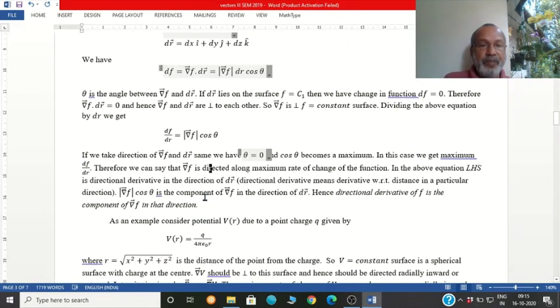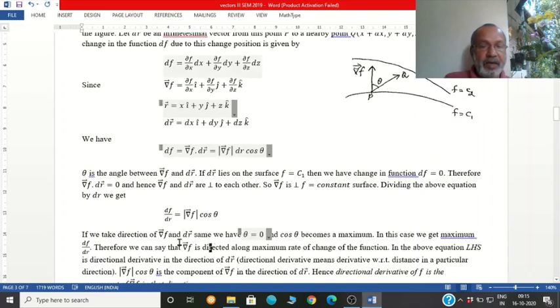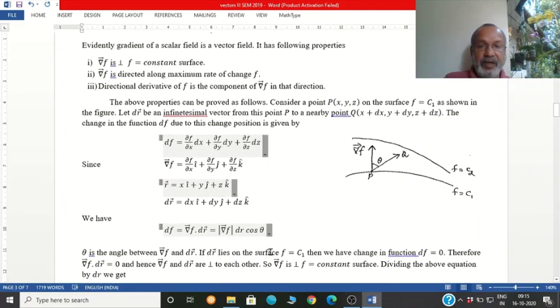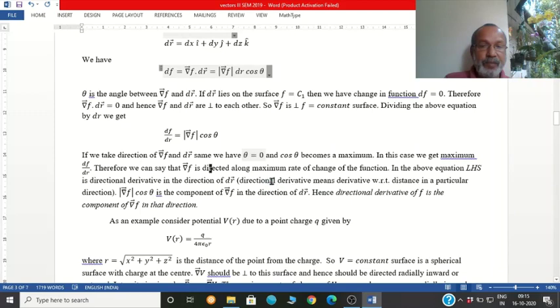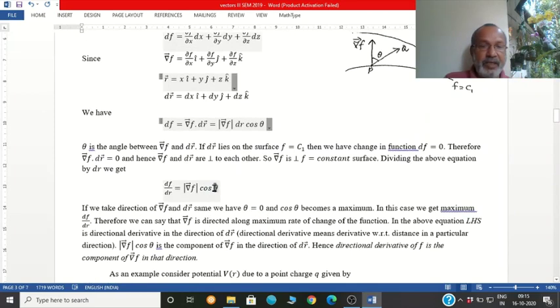Now let us take this dr along del f. We already know that del f is perpendicular to the f = constant surface. So let us take PQ along del f. In that case, theta is equal to 0, and we know that the RHS is maximum for theta equal to 0, because for theta equal to 0 we have cos theta equal to its maximum value, which is 1.